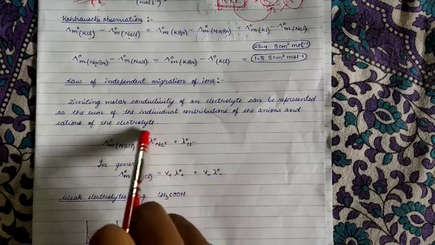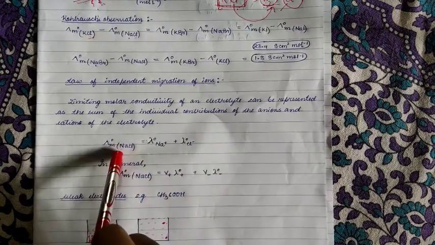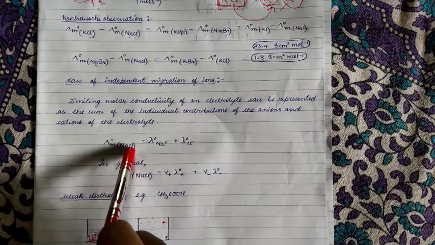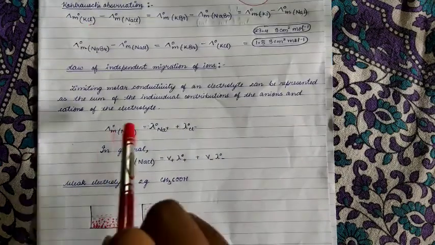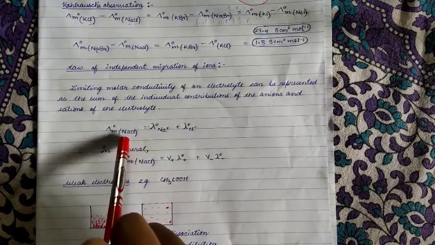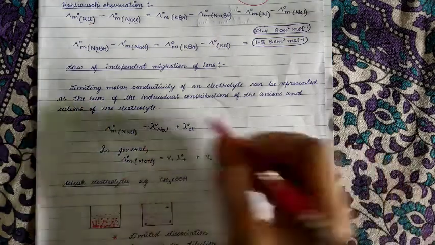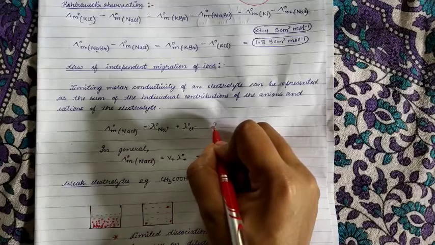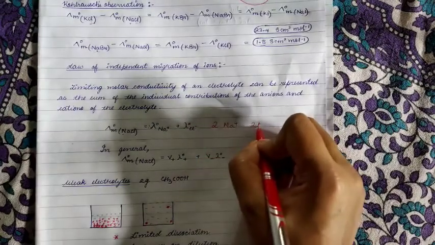So if you sum up their individual contributions, you will get the limiting molar conductivity of NaCl. Now, one more thing you have to remember, that we are talking here about 1 mole of NaCl. But if it is 2 moles of NaCl, what will it be? There will be 2 sodium ions. There will be 2 chloride ions.